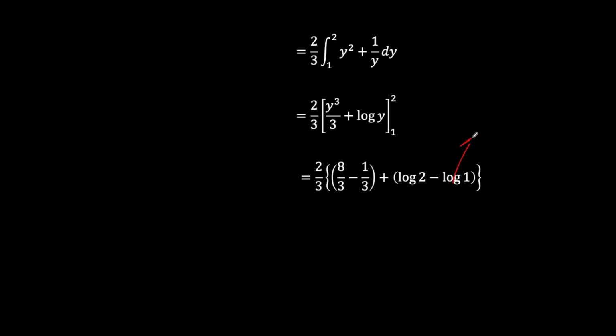So this one here, as we know, tends to 0. Natural logarithm of 1, or log of any base of number 1, is 0. And then we're left with 8 over 3 minus a third is 7 over 3, plus log 2. And then if you multiply 2/3 across, that becomes 14 over 9 plus 2 over 3 log 2. And this is the answer to problem number 4.